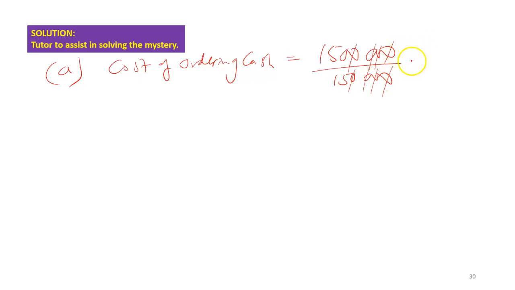So here there are 10 transactions multiplied by $150. So this comes to $1,500. In a year we are going to be charged $1,500 as ordering cost.